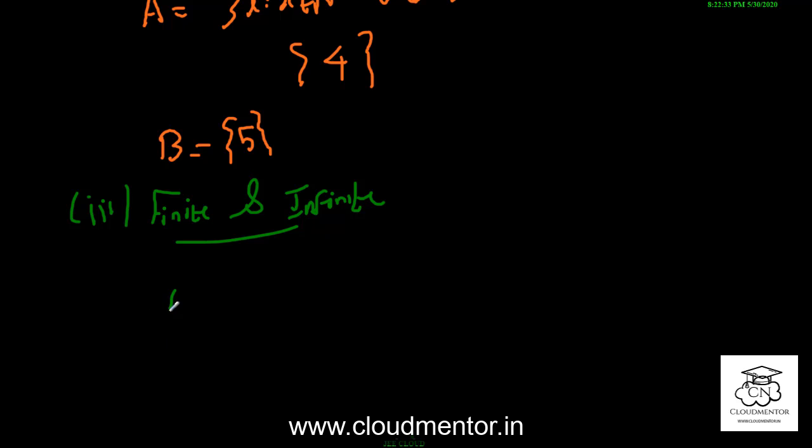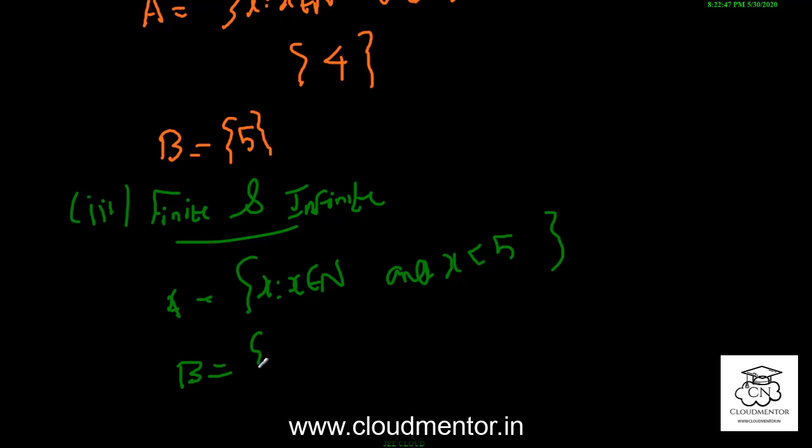For example, A equal to the set of x such that x is an element of N and x less than 5, and take B equal to the set of all points on a plane, like this screen.